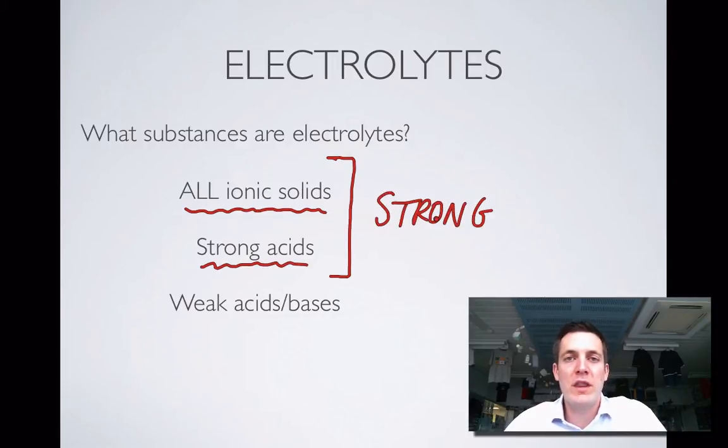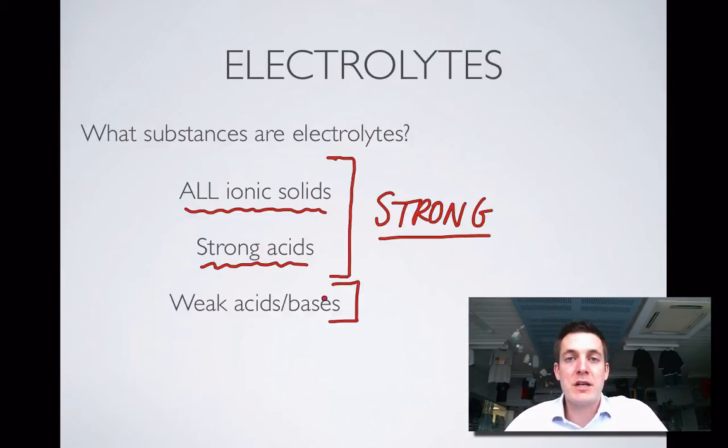Knowing what that means is really important, not just when you're looking at electrolytes, but also when you're looking at acids and bases. Strong means that for every particle that you put into solution, 100% of them will split up into ions.